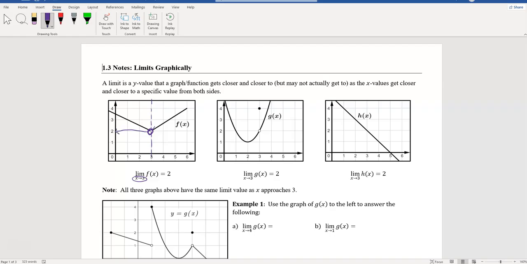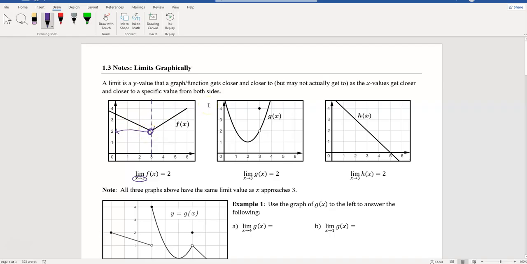In order for you to have a limit, you have to approach the same point from both sides unless it's a one-sided limit. The circle can be open. It doesn't have to be defined at that point. So you can have a limit that looks like this where you have a hole in the graph.